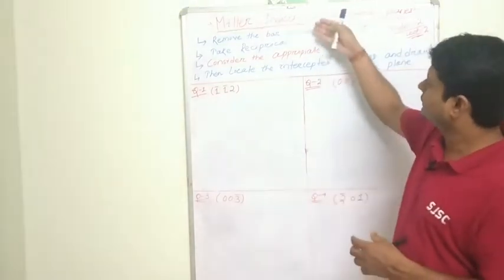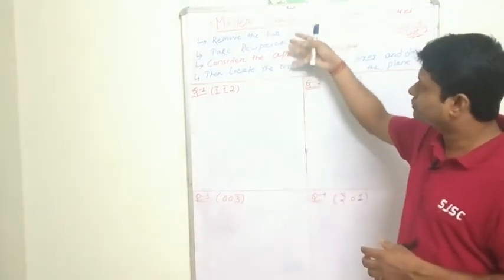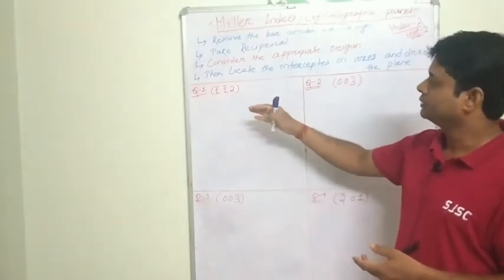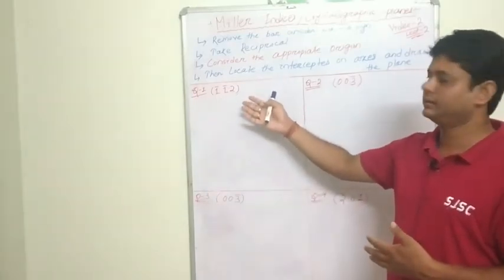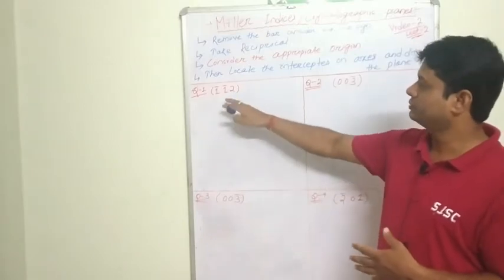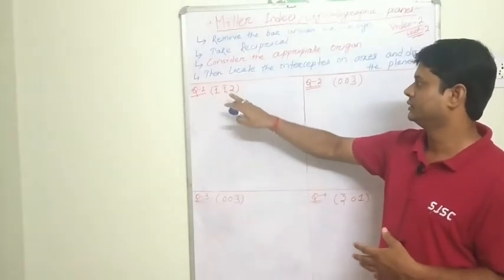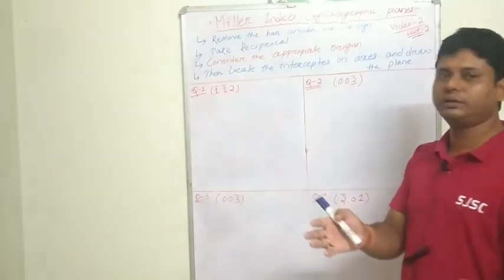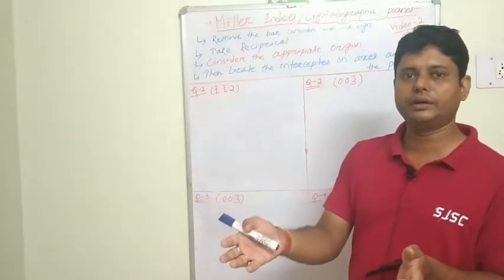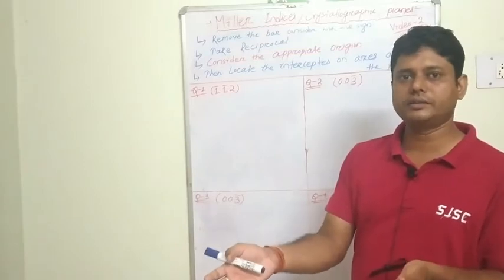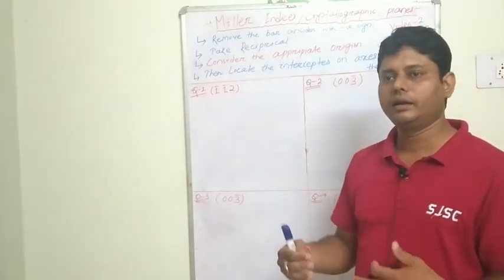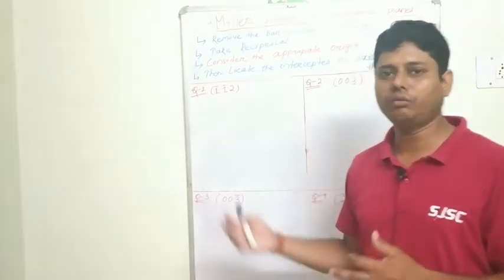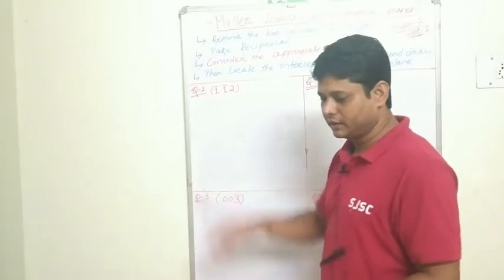However, I have written the steps that we have to follow to draw the planes from the Miller indices which have a bar, like 1 bar, 3 bar. In video number 1, the Miller indices and their corresponding planes had no bar. But if we have a bar, how do we draw the plane? These are the steps.